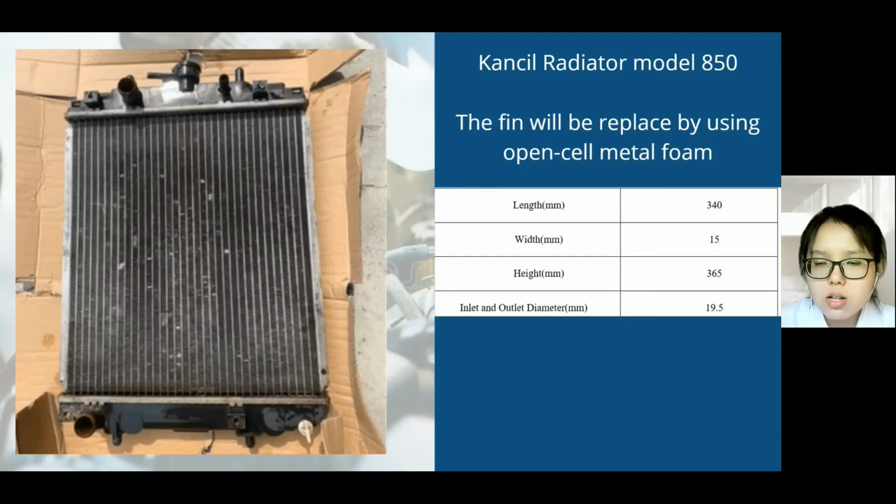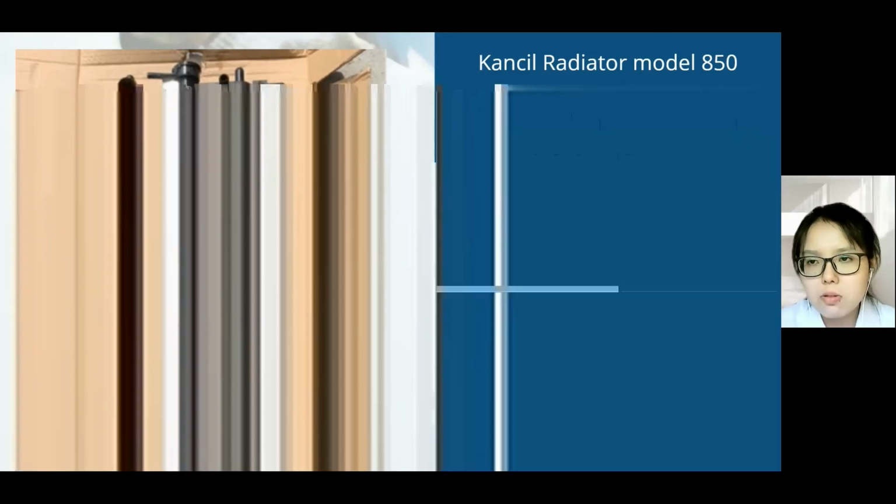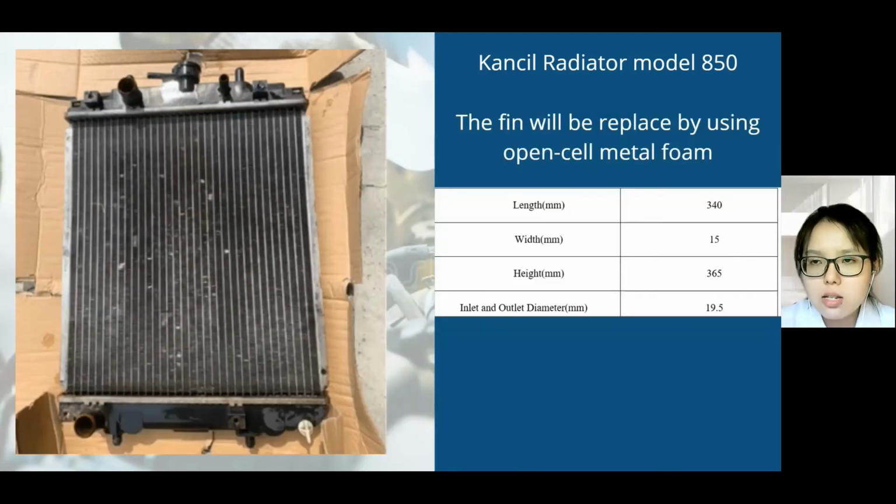This is the sample that we found from the workshop, a Perodua radiator model 850, and the fins will be replaced by the open cell foam. The dimensions of this radiator are: length 340 mm, width 50 mm, and height 365 mm.